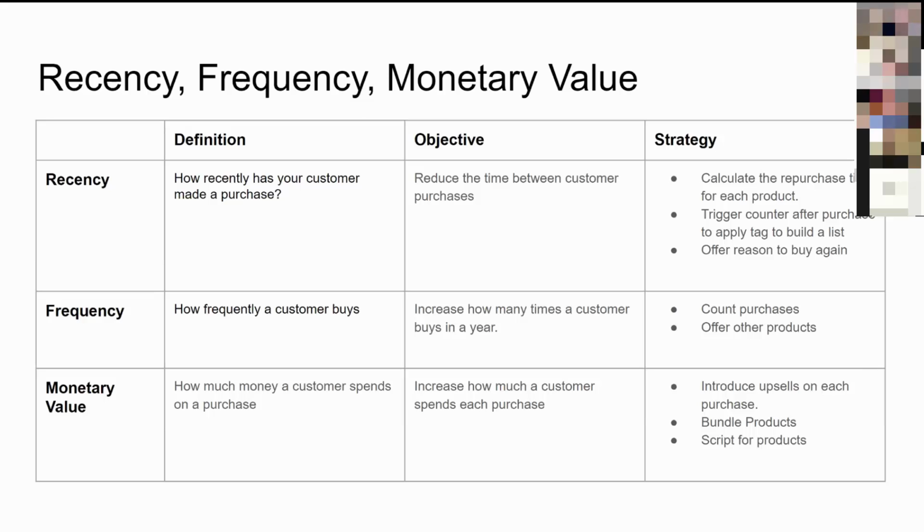Because if I want to increase my revenue from the store or from the group of stores or from the UK or from the business as a whole, if I can pull forward the purchasing and make them buy more recently, not more frequently, more recently, then I'm going to increase the numbers. Okay, cool. So my objective there is to reduce the time between customer purchases. Does that make sense?